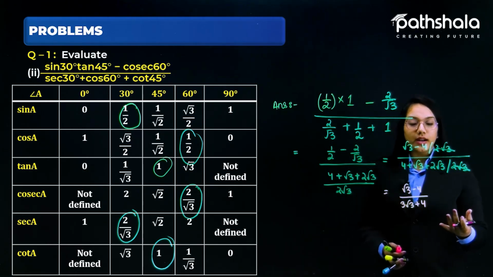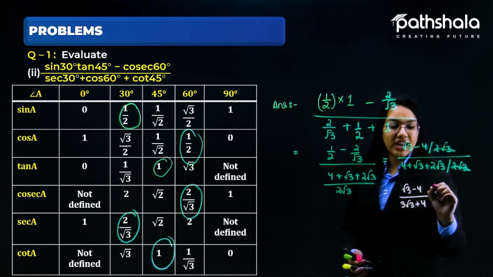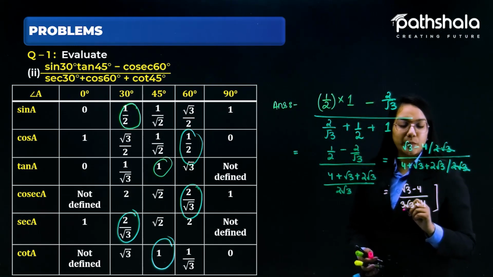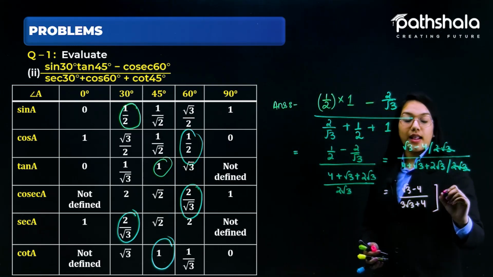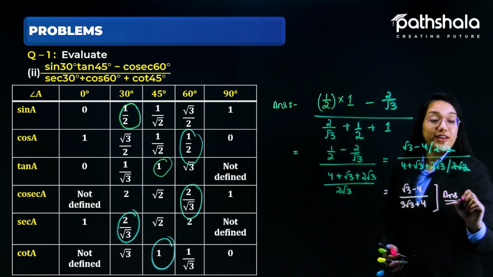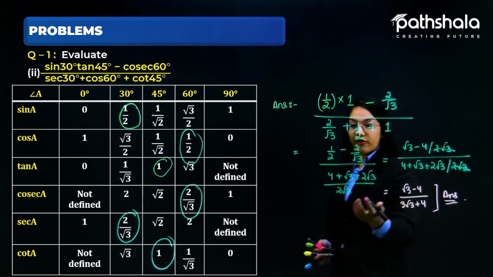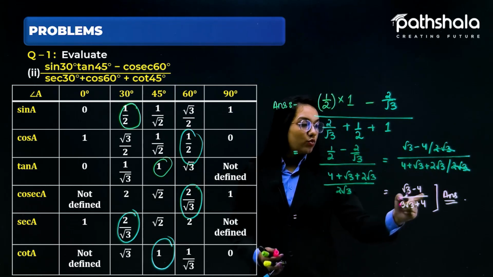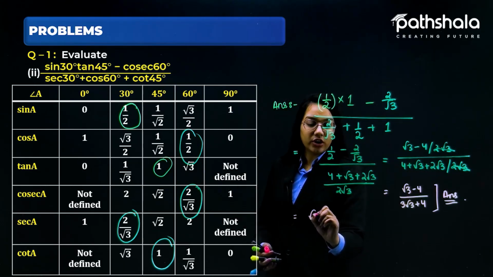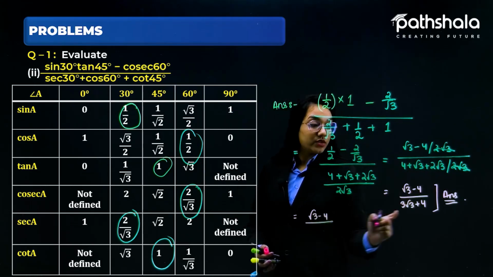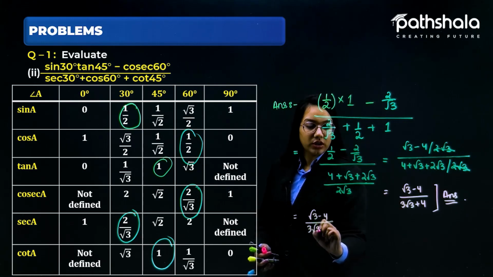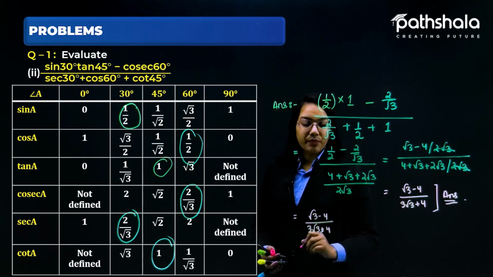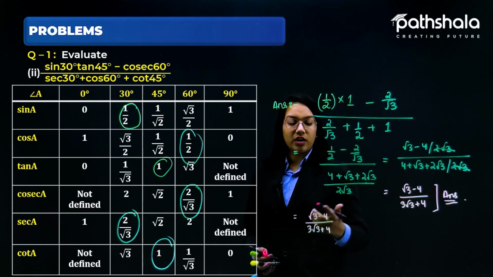If I'm not rationalizing it, you can take this as the answer, root 3 minus 4 over 3 root 3 plus 4, but you can again rationalize it further if you want to.